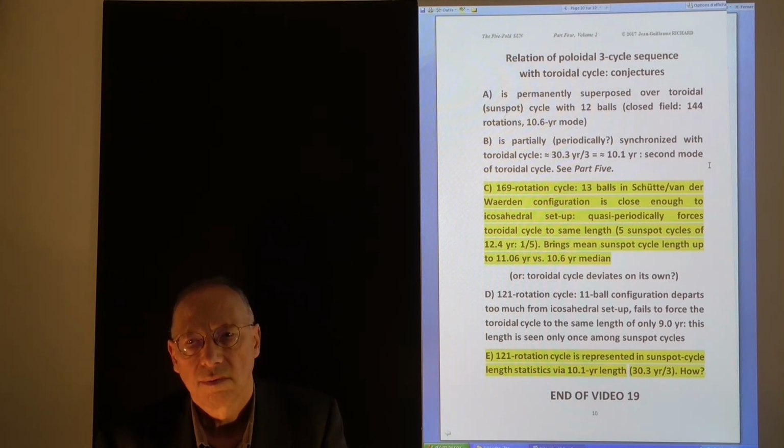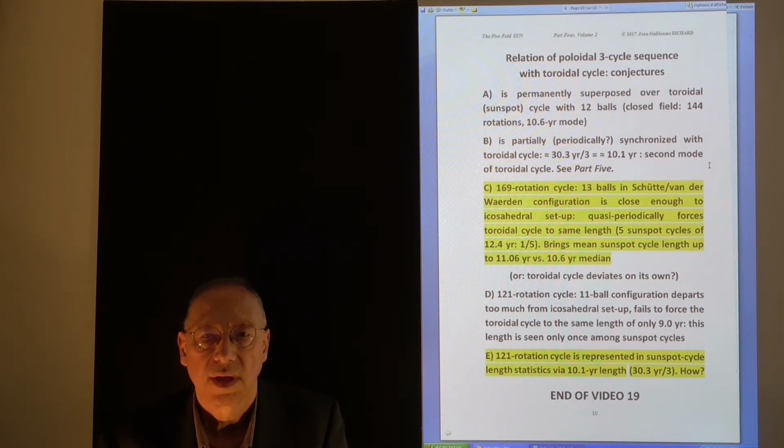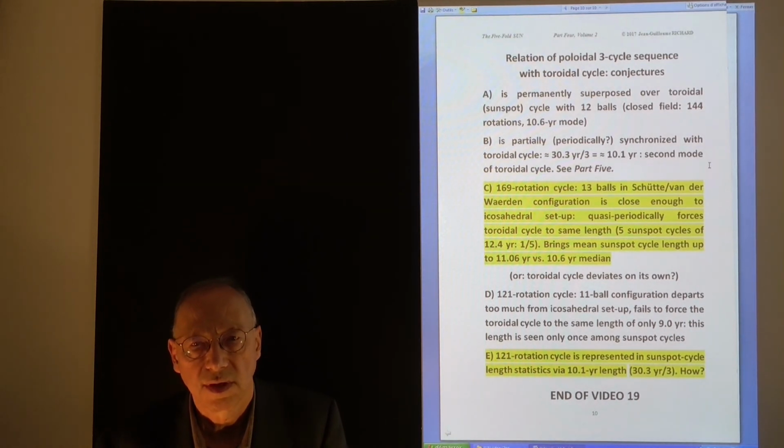First of all, it is proposed that the poloidal 3-cycle is permanently superposed over the toroidal sunspot cycle, which occurs itself with 12 postulated balls and creates a closed field amplification over 144 rotations with a length of 10.6 years.